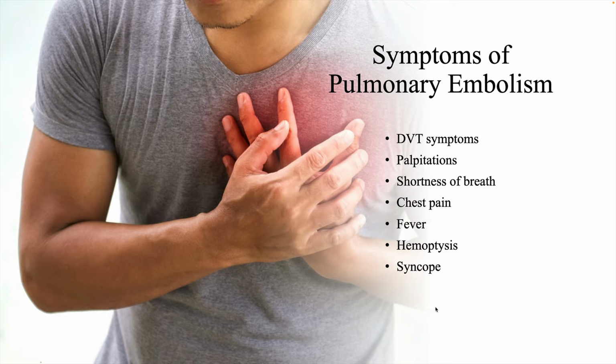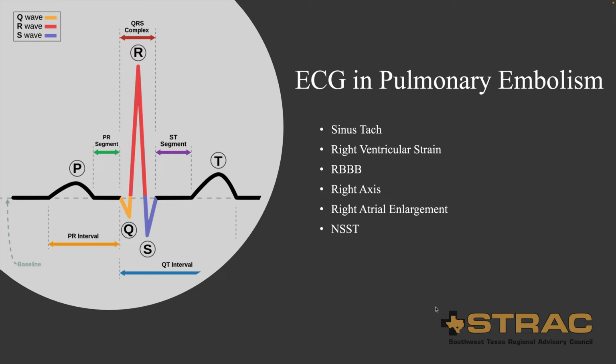The EKG in a pulmonary embolism can also be helpful in figuring out what's going on and how bad it might be. Now, that's not to say that you're always going to have abnormalities on the EKG. In fact, you can have a completely normal EKG and have a pulmonary embolism. If there are abnormalities, the most common abnormality will be sinus tachycardia.